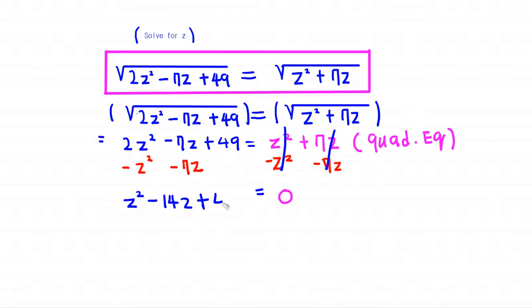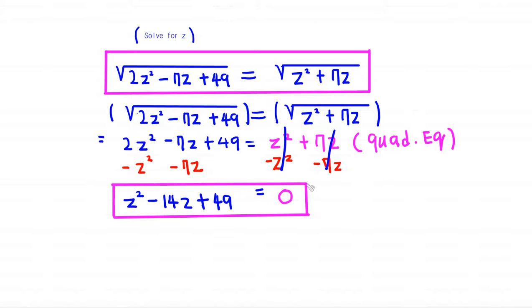If you look at this carefully, this is a quadratic equation, and we can find the z value by factoring it into binomials.